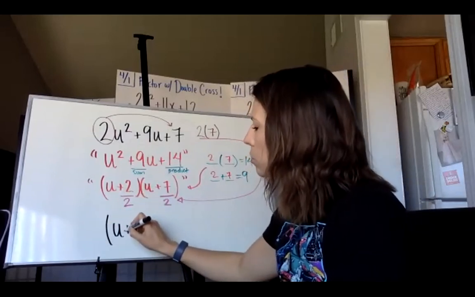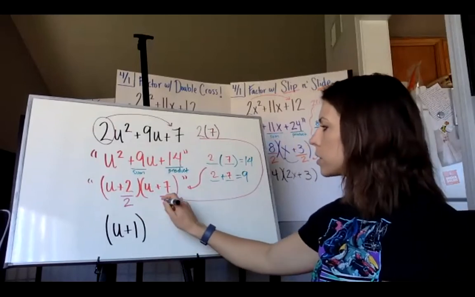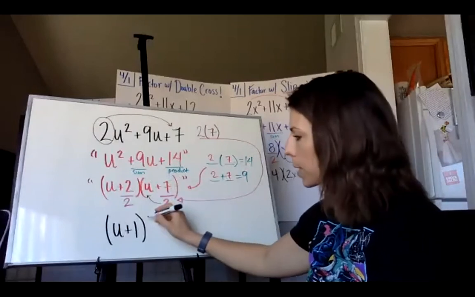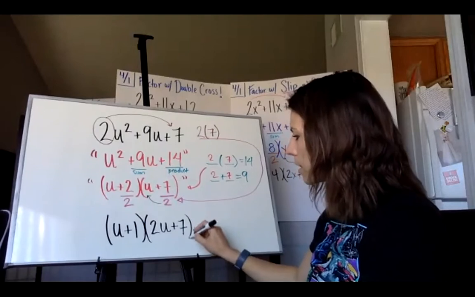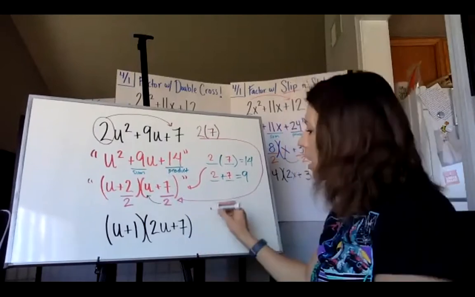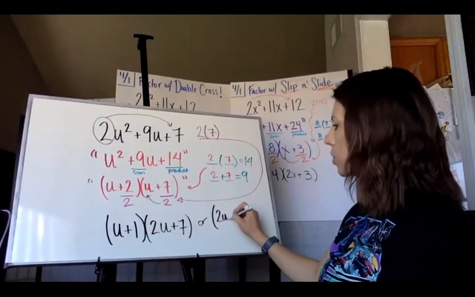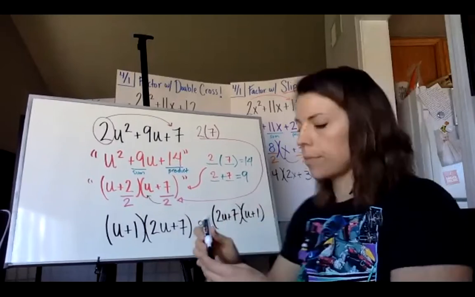So I have u plus 1. Can't do 7 divided by 2, so I can continue to flip that in front, which basically means I'm multiplying both of these by 2, and that gives me 2u plus 7. Or another way to do this, you could also say it's 2u plus 7 times u plus 1.